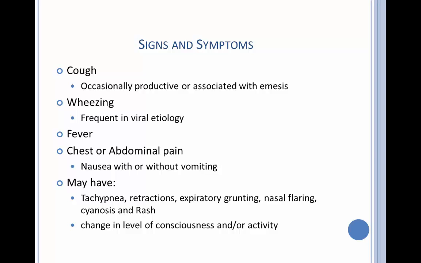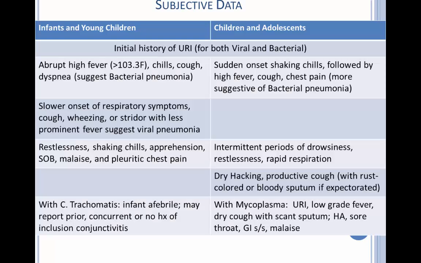Be attentive to nasal flaring and accessory muscle use. Infants could have a high fever or not. Pleuritic chest pain, remember that chlamydia is one of the highest in them, even though Strep pneumoniae could be present.